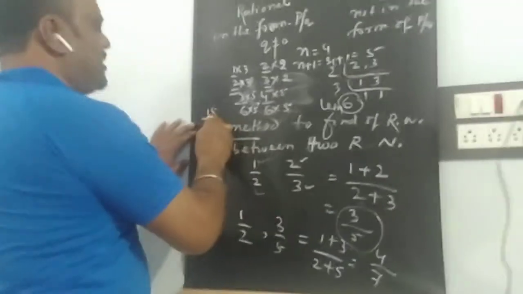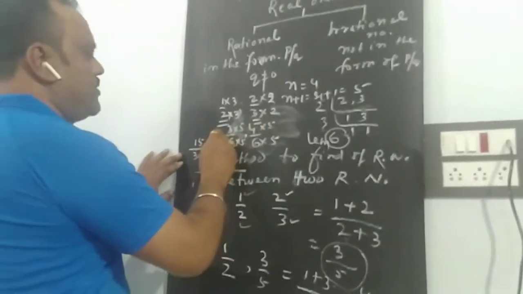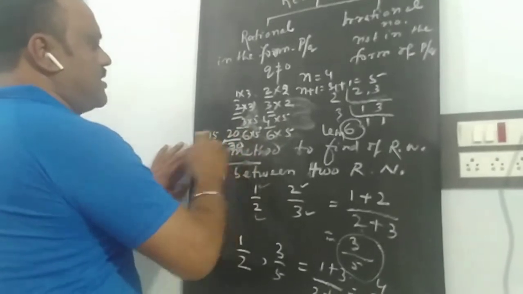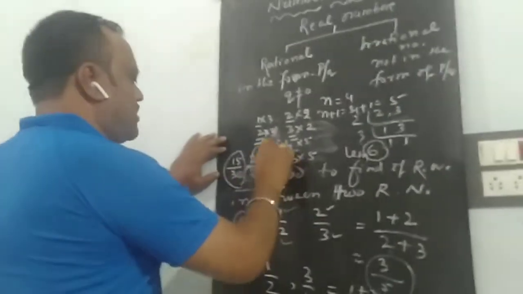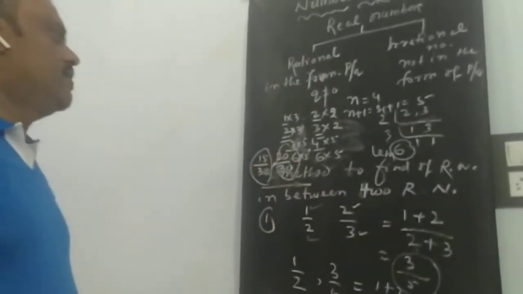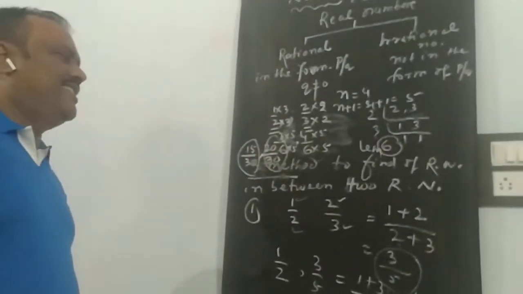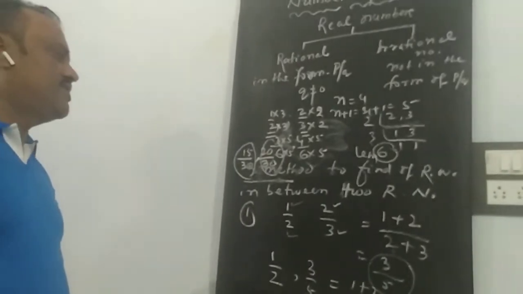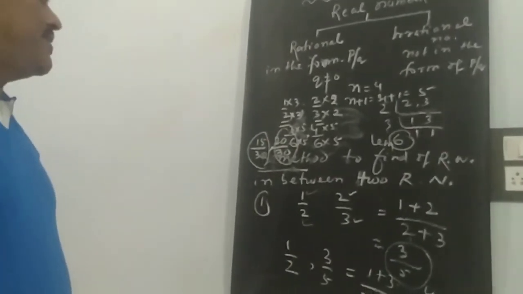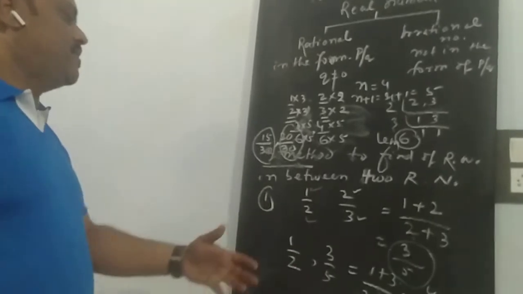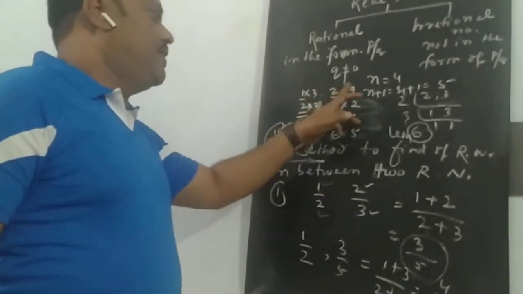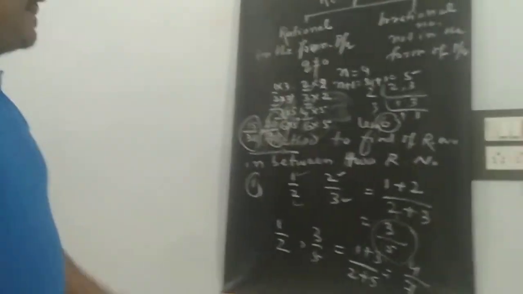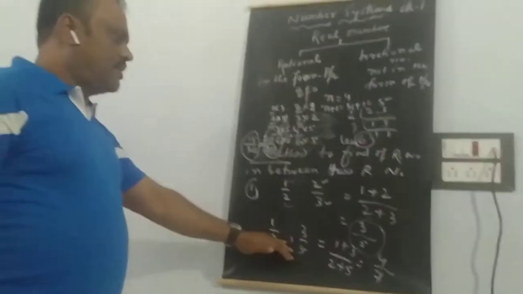So 3 fives are 15 by 30, and the second one is 4 fives are 20 by 30. In between 15 and 20, the numbers are 16, 17, 18, 19. So you write 16 by 30, 17 by 30, 18 by 30 and 19 by 30. These are the 4 rational numbers in between 1 by 2 and 2 by 3. This is the second process, and the earlier one is the first process.